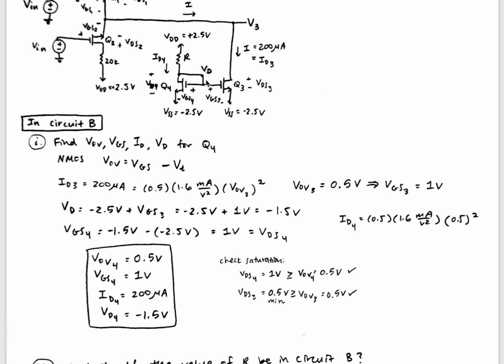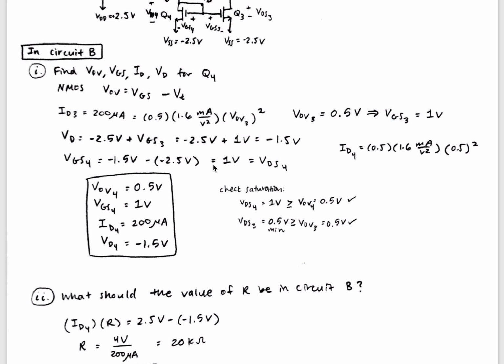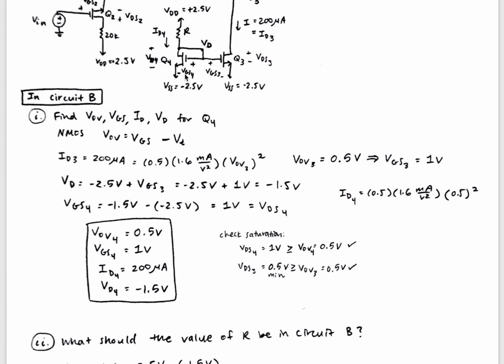That means that VD here has to be equal to negative 2.5 volts plus VGS3, and that gives us negative 1.5 volts. And using all of those values, we can find VGS4 and VDS4 because we know the voltage at VD as well as this VSS is negative 2.5 volts.